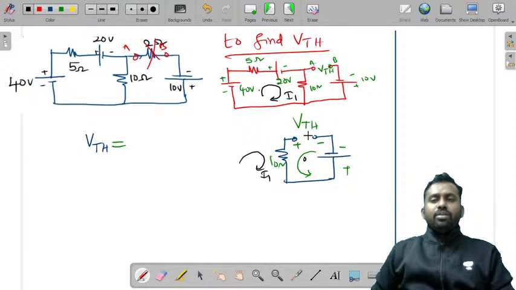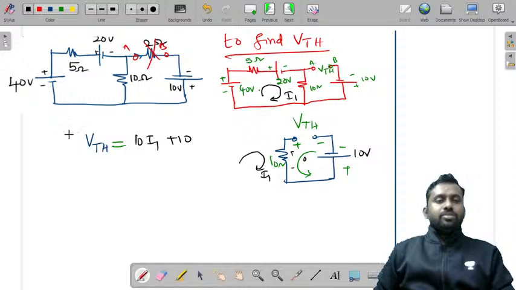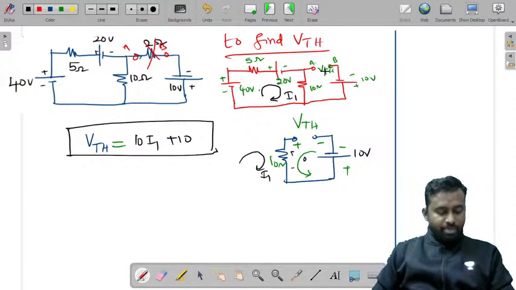This is 0 because here it is an open circuit. But because of this current I1, there is some drop in this, and that is 10 into I1. So you can write VTH is equal to 10 into I1. So this is plus minus, you are moving in this direction. So this is also plus and minus, and the value is 10 volts. So plus 10. So this is VTH. Let me tell you once again.